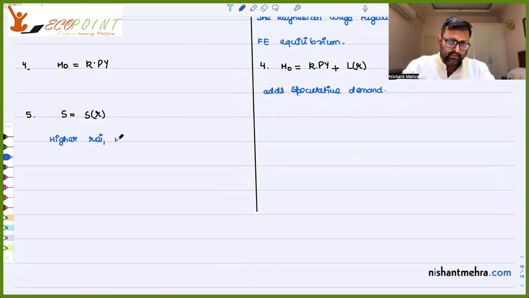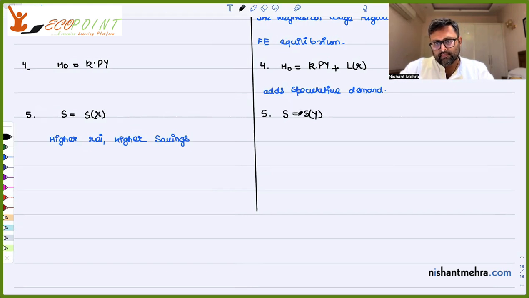Now the Keynesian savings function is dependent upon Y, your income.